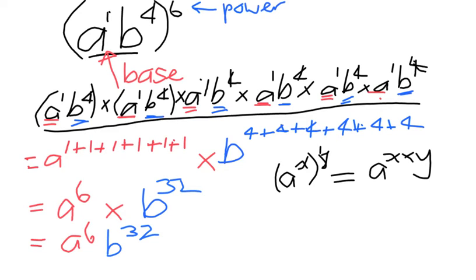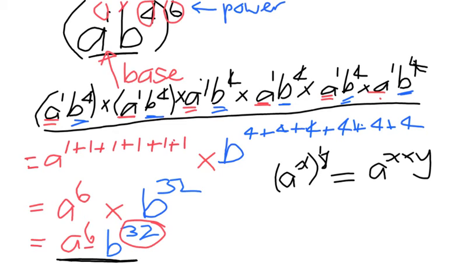We can see that this works as if we look at our answer here, we do 1 times 6 equals our A to the power of 6, and 4 times 6 is 24, which is our power here, B to the power of 32.